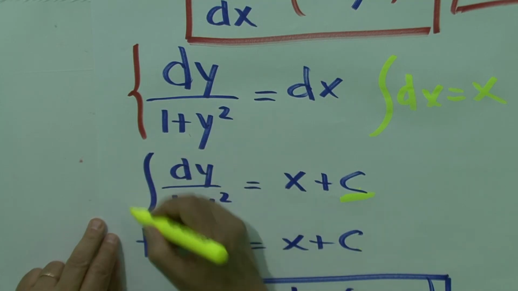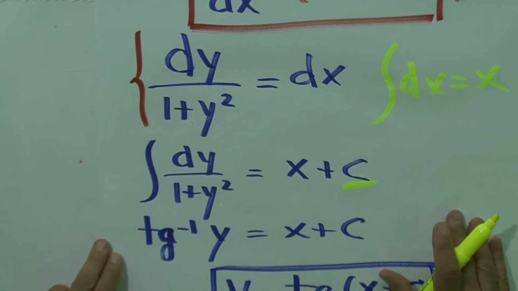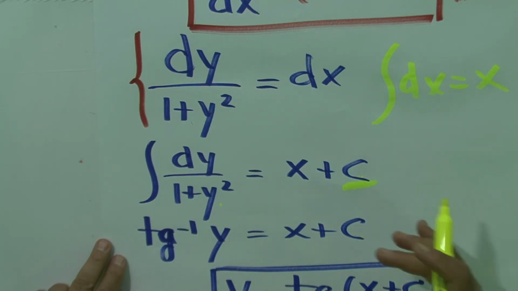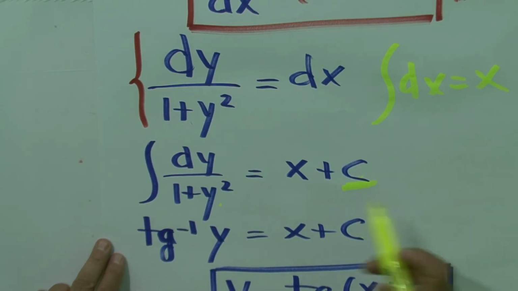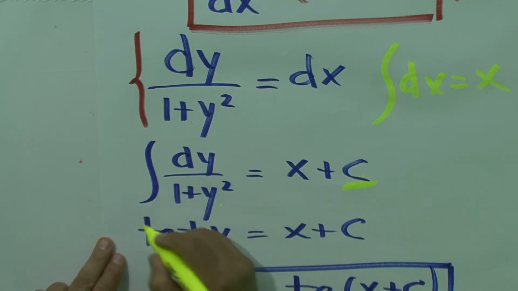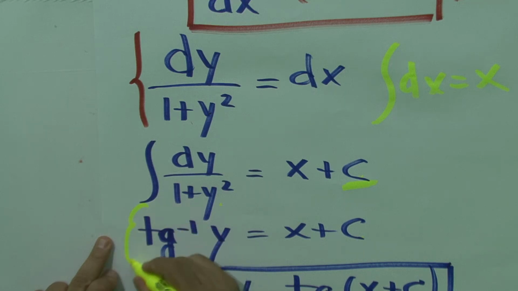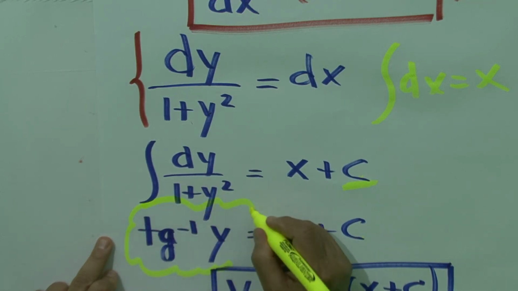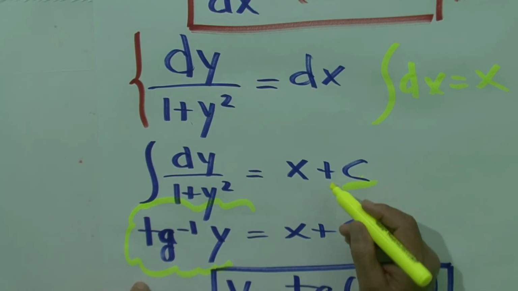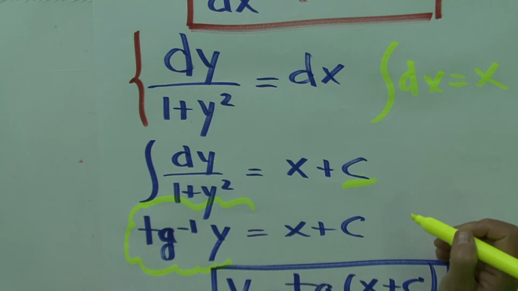Now, this integral, you may do it in many different ways. There are many ways of doing an integral. I'm not covering this in this course, but the integral of this gives you the arctangent, or tangent minus 1, of the variable y. And here it ends up being x plus c.